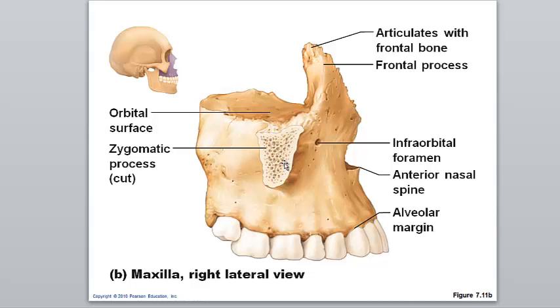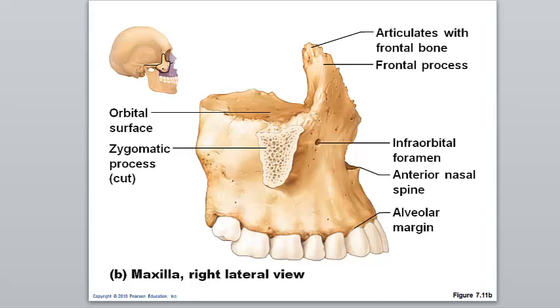These two processes, both from your maxilla and your temporal bone, attach to a zygomatic bone. So if you look at the small picture over here, you can see the zygomatic process of the temporal bone. And here's the zygomatic process of your maxillary bone right over here, a small structure, right? And here, you see this right over here, like an arrow mark?